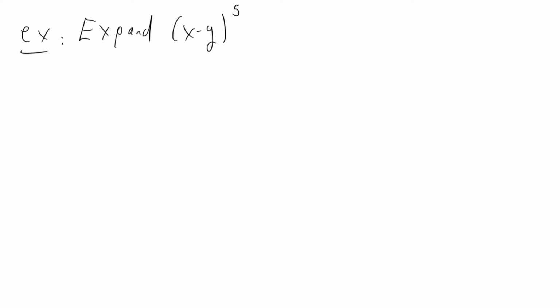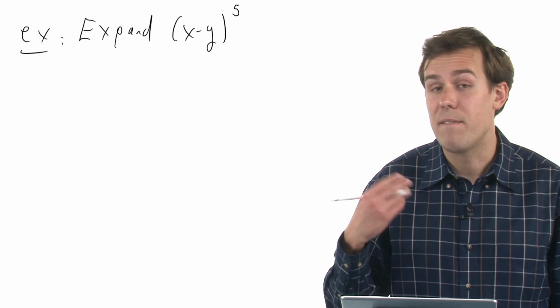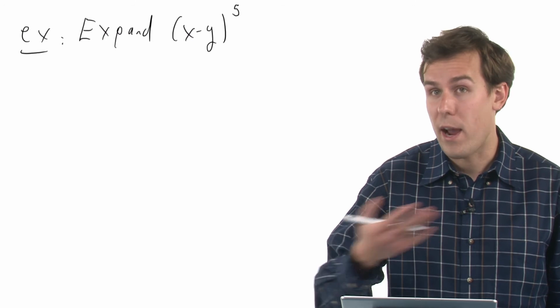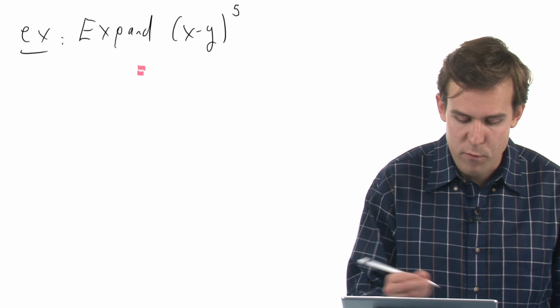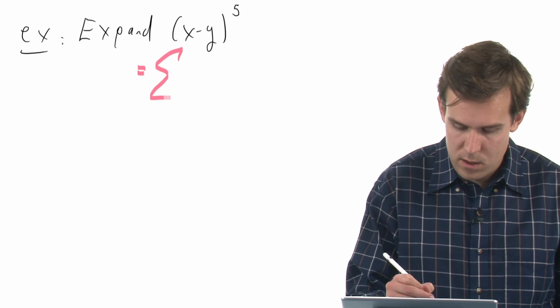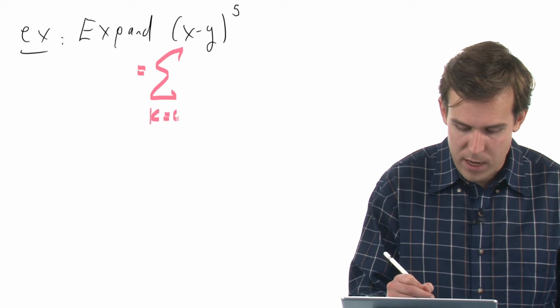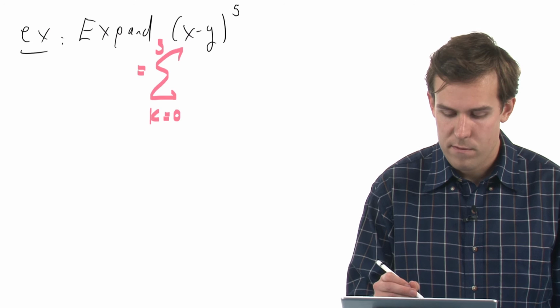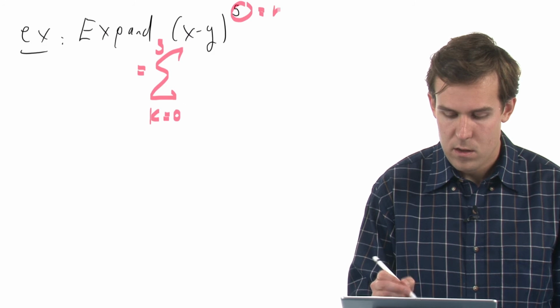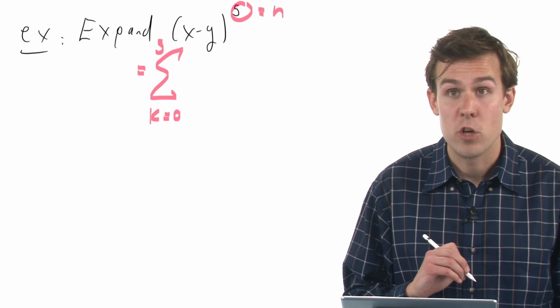So let's look at an example of this: x minus y to the 5th. Again, if I tried to sit there by hand and crank this out, I think I'd be here for an awful long time. So we'll try to use the formula. I take my sum from k equals 0 to 5 because n is equal to 5. And what are my terms?